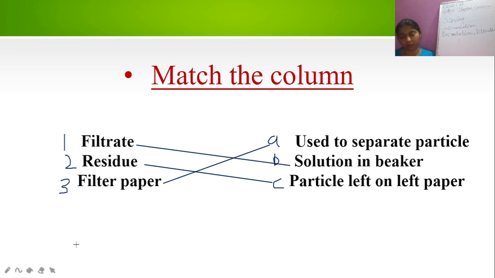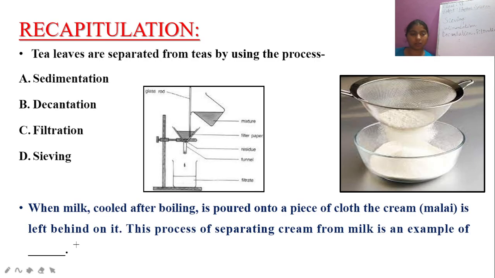Okay students, so let's recap what we have discussed. We have discussed today the sieving, sedimentation process, decantation process, and filtration process. Okay, so these are a few images you can see where the filtration process occurs, as well as where we use sieving. So you have to tell me the correct answer. Okay, the tea leaves are separated from the tea by the process of which?